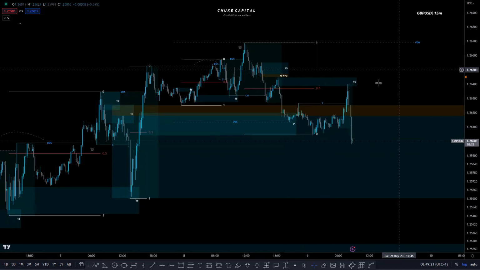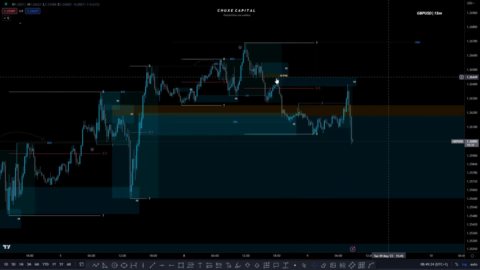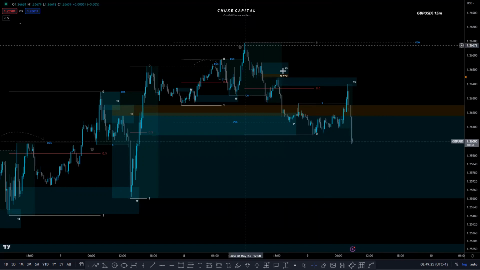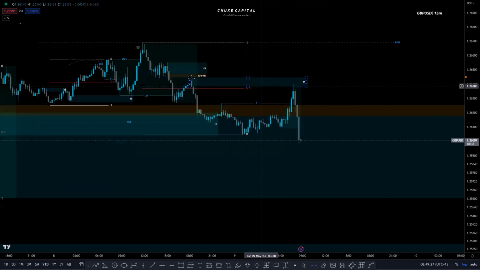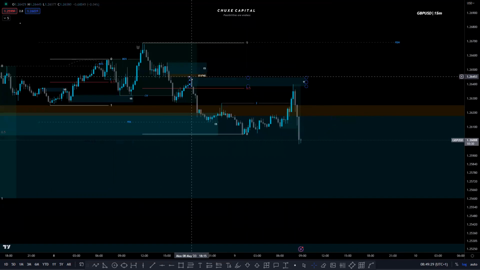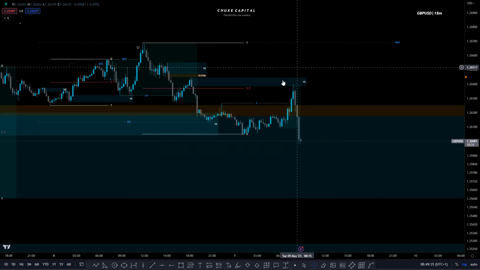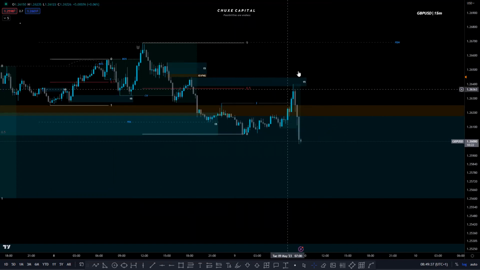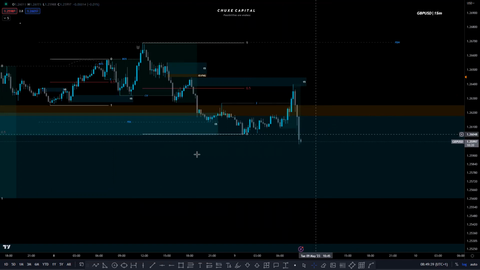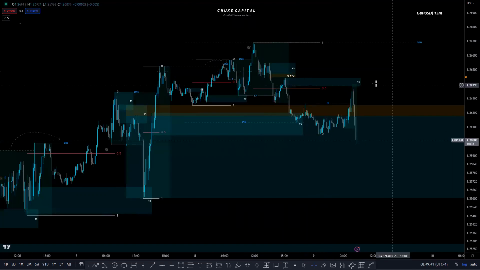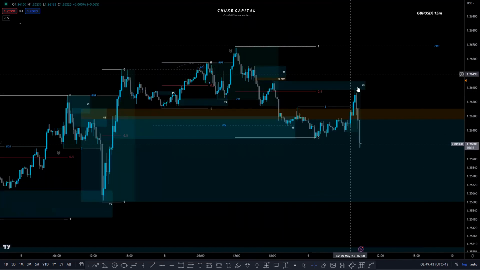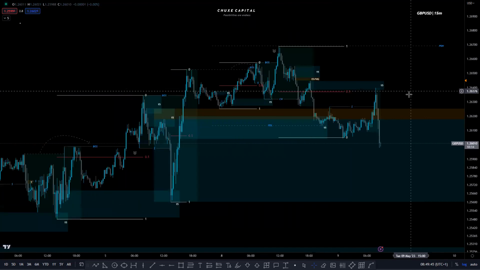And there's some confluences we see. There's a fair value gap that was filled there, and then it just came to tap into this OB here, and then it pushed. So this has been a very sweet trade. When I come to the 1 minute, we'll probably see what would have happened there.